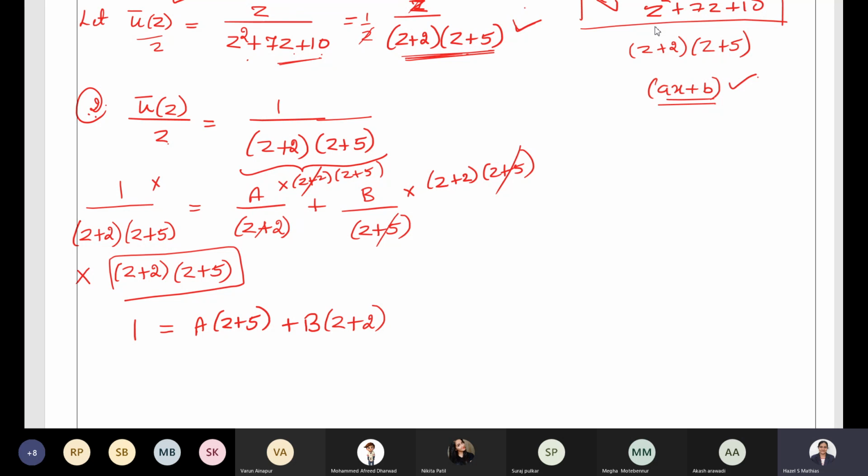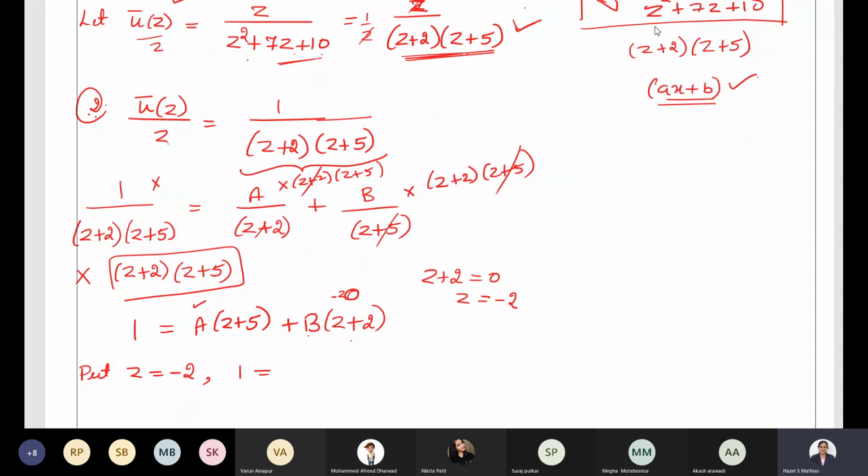Now we need to find the values of A and B. It's very easy. Always remember, if you have to find A, you need to make the coefficient of B 0. What is the coefficient of B? z plus 2. When z plus 2 is equal to 0, z is minus 2. So first put the z value as minus 2.